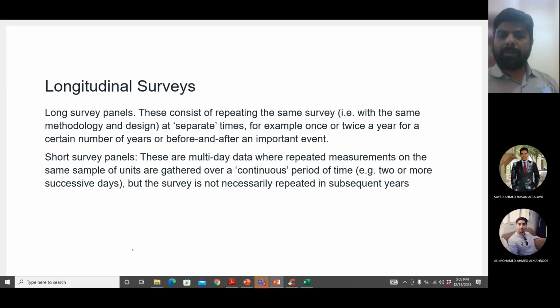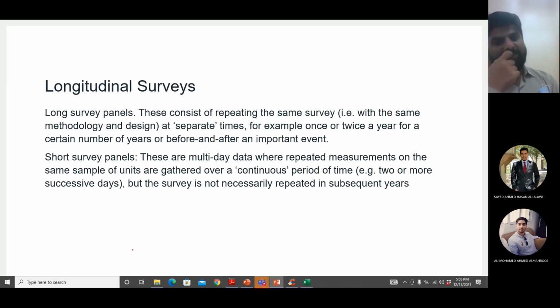Long survey panel is basically used for before and after study. Okay, so before, for example, number of trips, before let's say introduction of metro, and then after introduction of metro. So long survey panels are good and efficient in finding out the effects of different events on the people's travel behavior. For example, introduction of a metro.